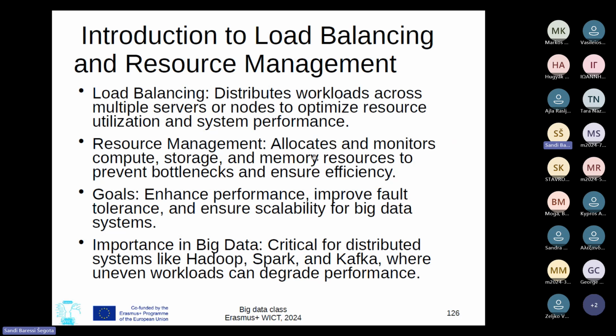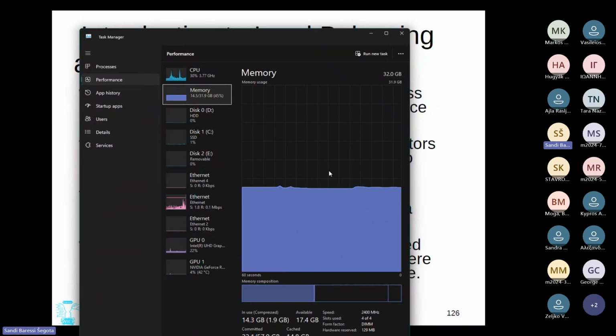Both of them are done basically to enhance performance and improve fault tolerance. Like I showed you before, I had my memory, and I optimized it a bit by shutting off some stuff that I didn't need.